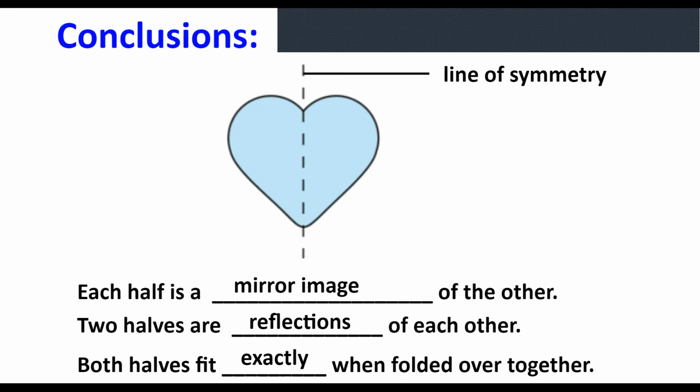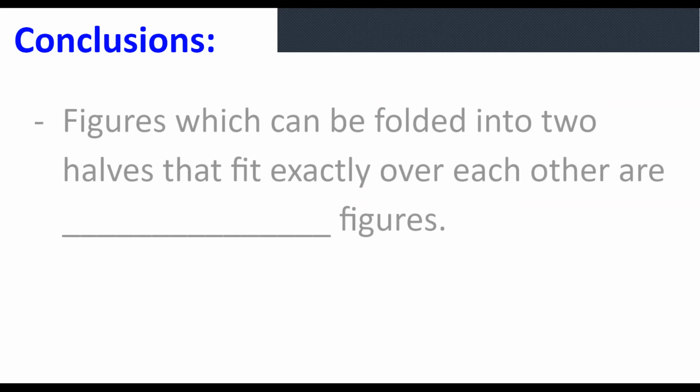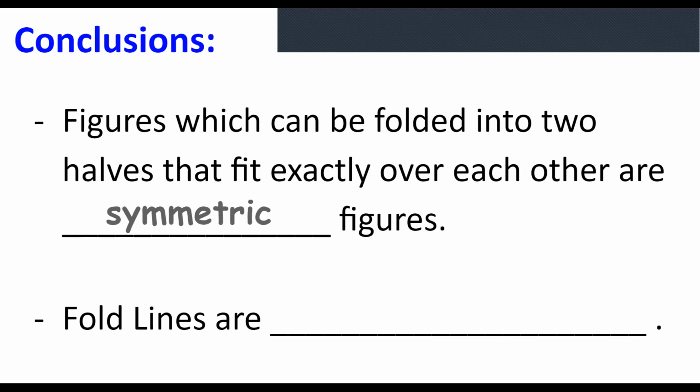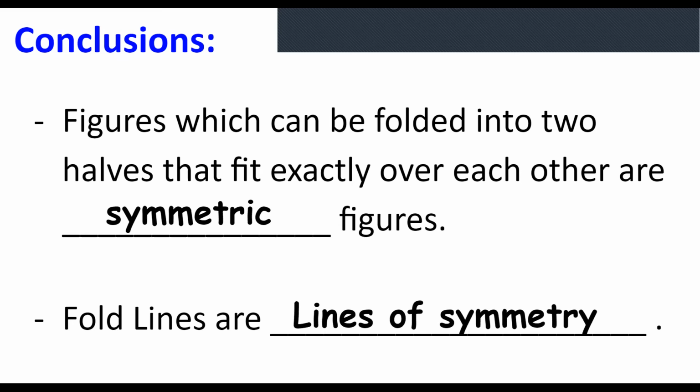Now, when I'm able to fold a figure into two halves exactly over each other, these figures are called symmetric figures. And the four lines are actually what we call lines of symmetry.